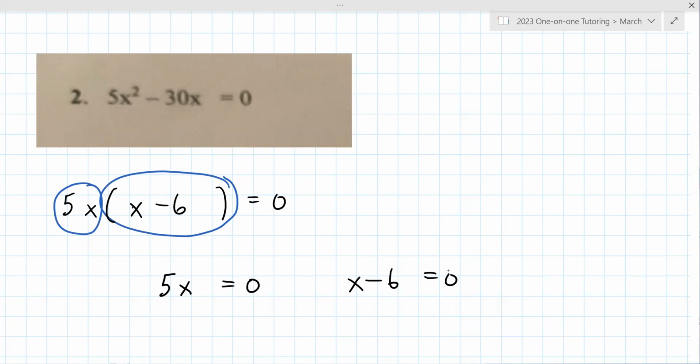What would the one on the right be? What would it become? x equals 6. x equals 6, good. And then divide by 5, x equals 0.